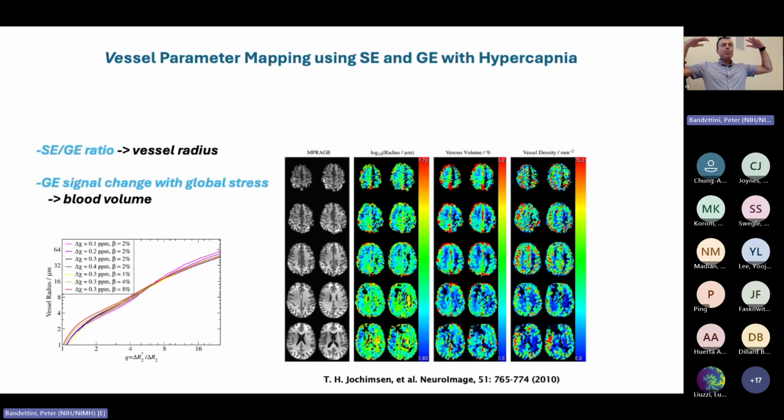And the BOLD signal will only be in proportion to what the blood volume is in each voxel. So where it's high is where there's a high blood volume. And that's what they found: they're able to map blood volume, and also within those areas, looking at the spin echo to gradient echo ratio, they're able to map the vessel size. And so that was kind of nice.